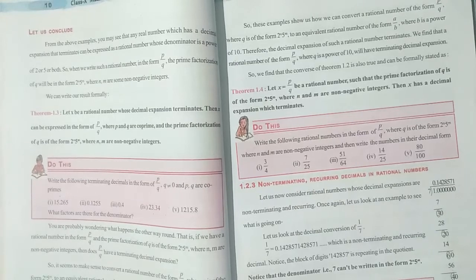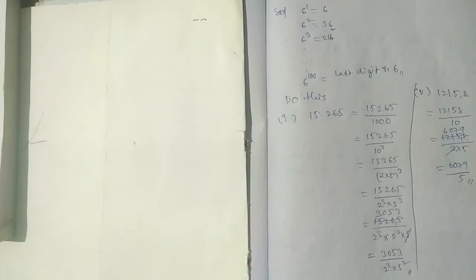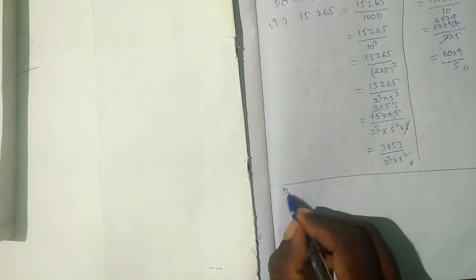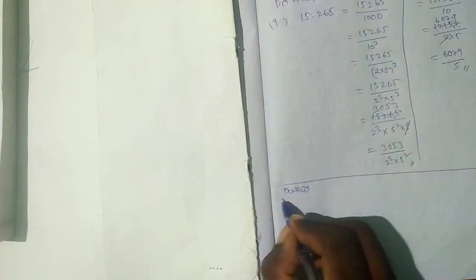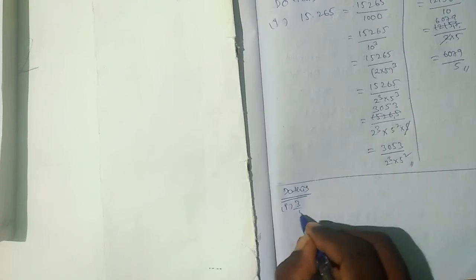Now here he gave the p by q form, and we have to convert into decimal form. Do this.